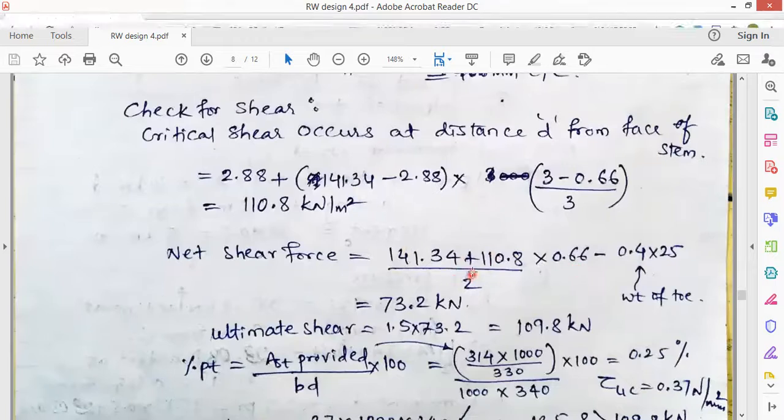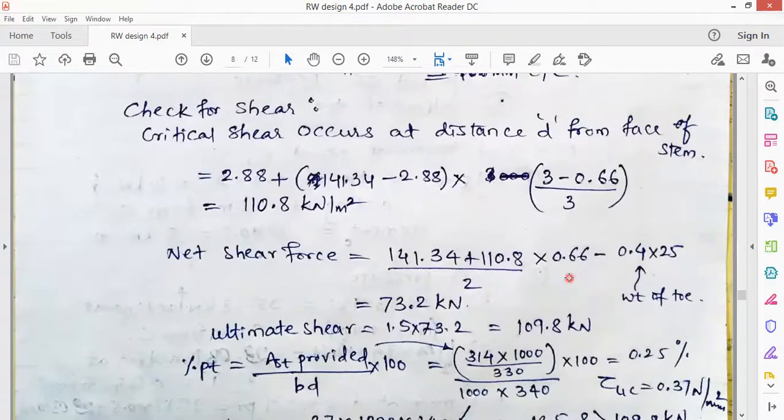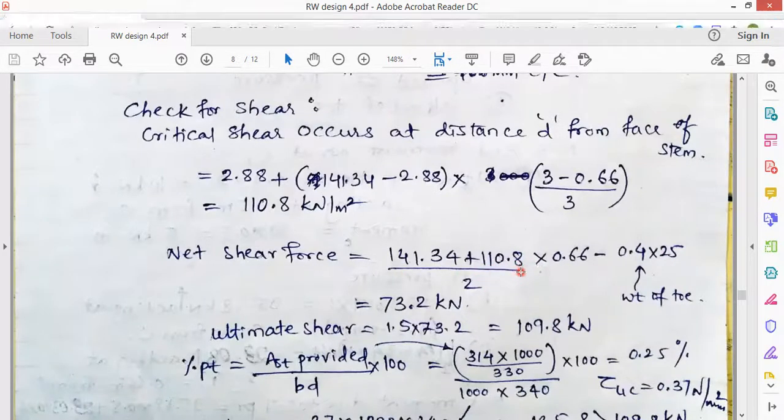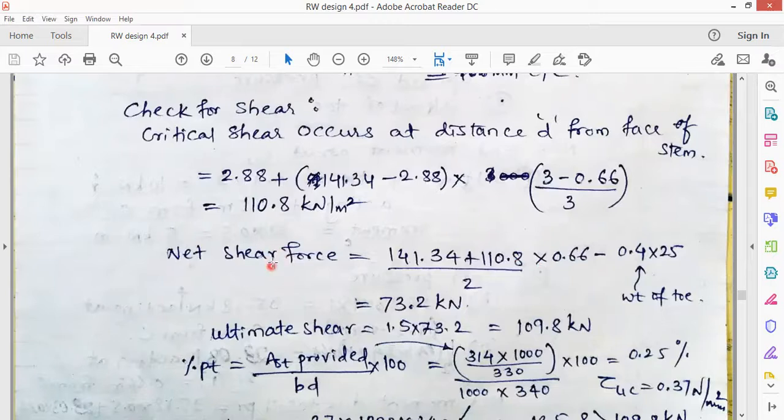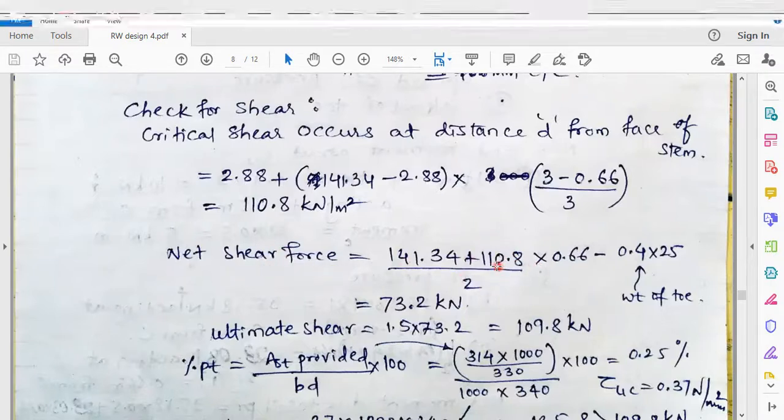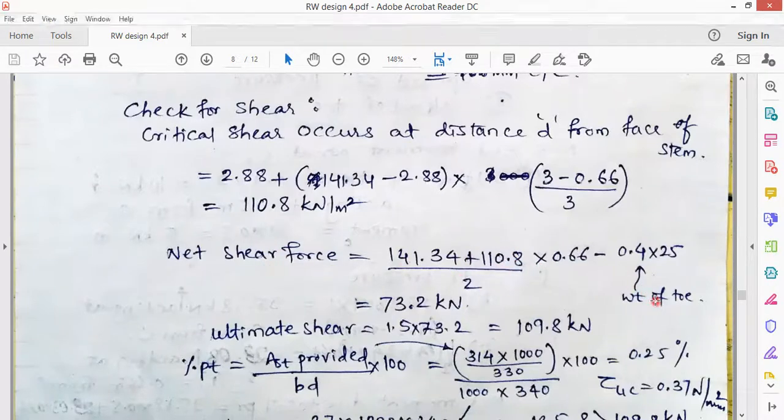So this into this will give us the force due to the upward soil pressure. What I need to calculate is the net shear force. This is due to the soil pressure, and one more vertical force is there, that is the self weight of the toe.